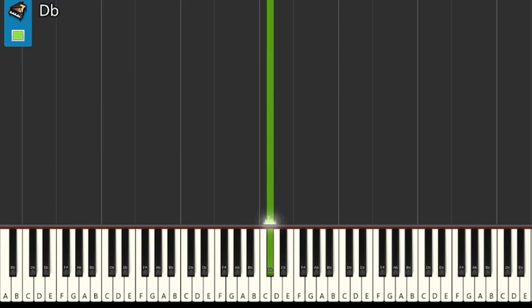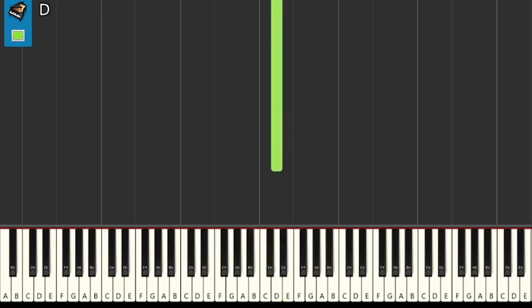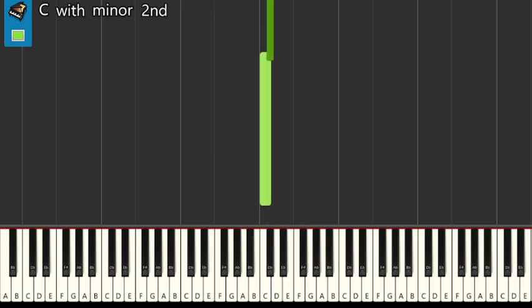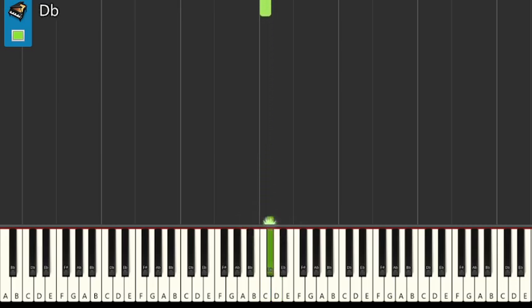Meaning that if you go from a D flat, the higher note will be a D, but this is also a C sharp, so the lower note will be a C. So depending on which way you look at it, it's a flat of a D and it's a sharp of a C. So C sharp, D flat, same notes.